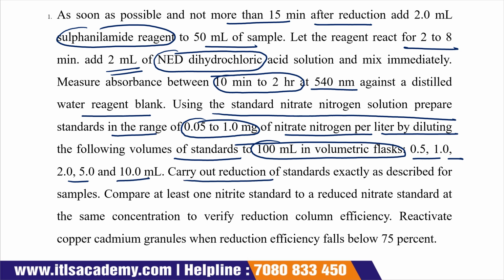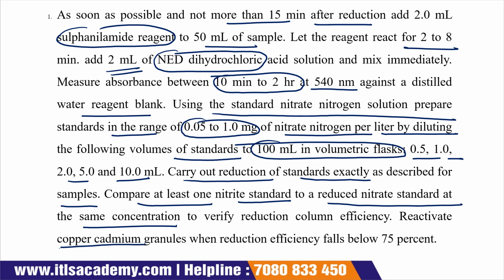Now carry out the reduction of standards exactly as described for the sample, and compare at least one nitrite standard with the nitrate standard at the same concentration to verify the reduction column efficiency. Reactivate the copper cadmium granules if the reduction efficiency falls below 75%.